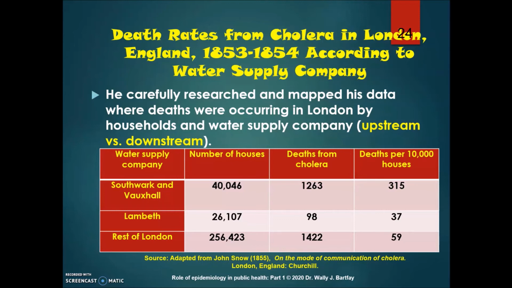What he realized is that the upstream source was actually cleaner. It would have fewer pollutants and less fecal material in the water, in comparison to downstream sources. And of course, this was very strongly associated with the number of cases of cholera in these households and also the number of deaths.